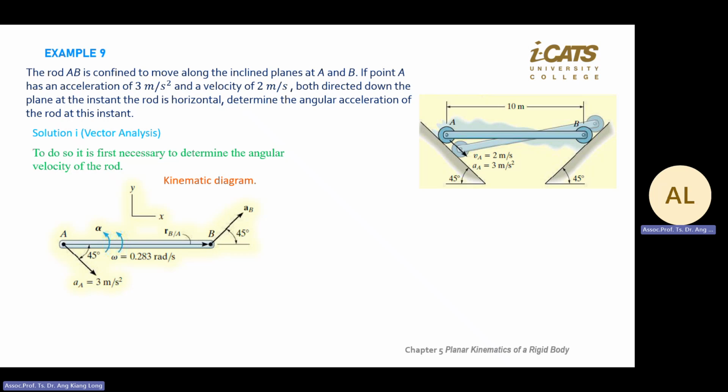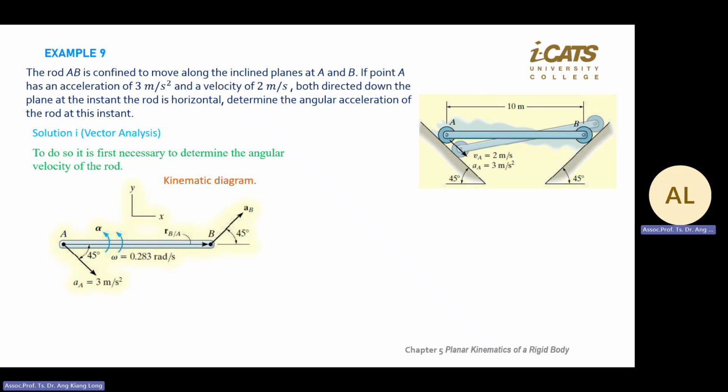Why? A equal to alpha R. But there are two. You need to find A equal to alpha R, and A equal to omega square R. Then you need to find the resultant.